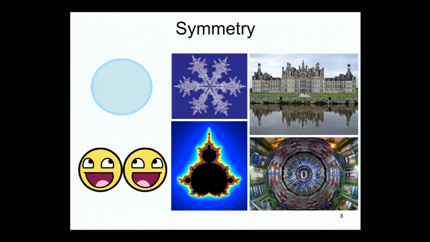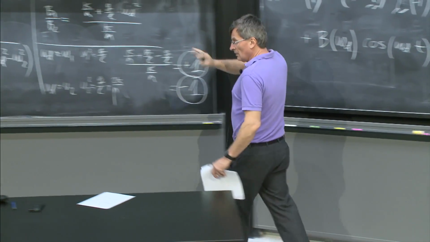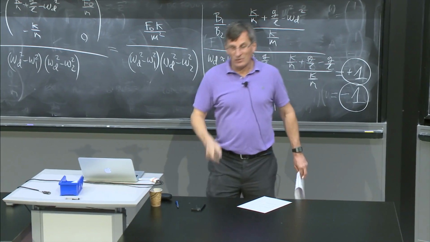This thing is symmetric along this vertical axis. This one is symmetric under rotations by 30 degrees, right? That house seems to be symmetric this way. This is part of our experiment in Switzerland, also kind of symmetric in the picture. There's rotational symmetry, reflection symmetry, etc.